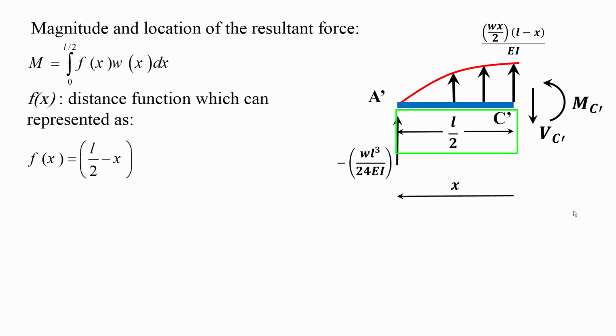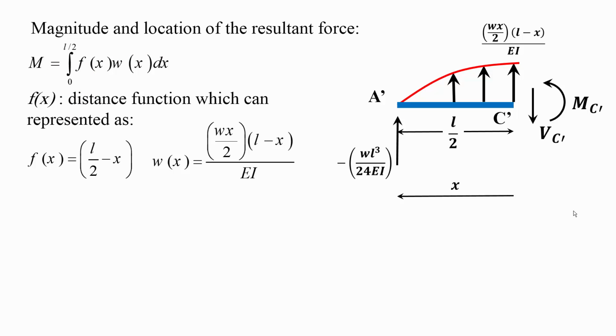Now, if it's 0 at the midspan and it moves to the left, at A prime, x equals L over 2. If x equals L over 2, the function Fx equals 0. If the function is 0 and you go back to the integration and put a 0 there, the moment should be 0. And that's true because at A prime we have a pin support. We shouldn't have any moment.